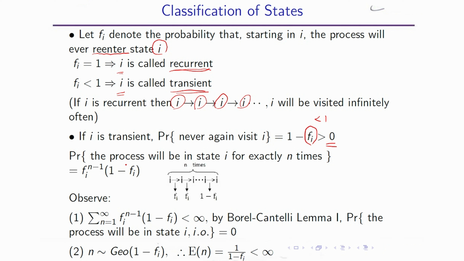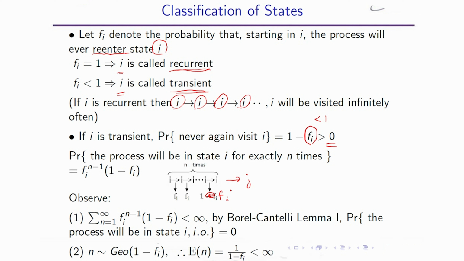So let's look at this. The probability that the process will be in state i for exactly n times will be Fi to the power of n minus 1, times 1 minus Fi. Because we start from i, and then the process will be in state i for exactly n times, so that's Fi to the power of n minus 1, and times something, some state, for example j, that is not i.